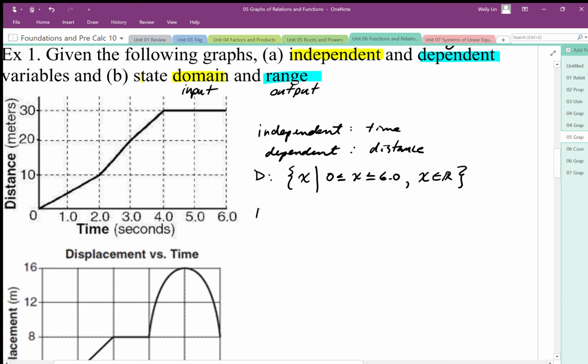So the range, we're going to do the same thing. We're going to use these curly brackets. We're going to state our variable, draw that line. The range values are going to go from 0 all the way up to 30 and including 30.